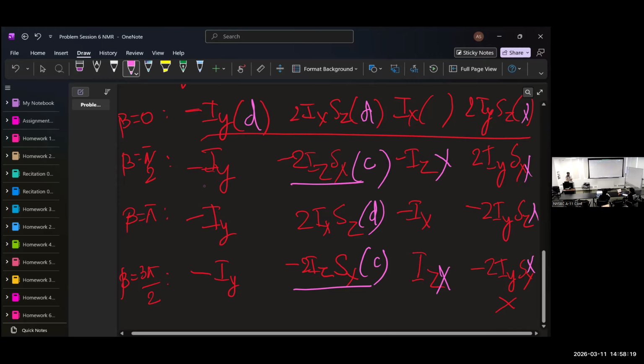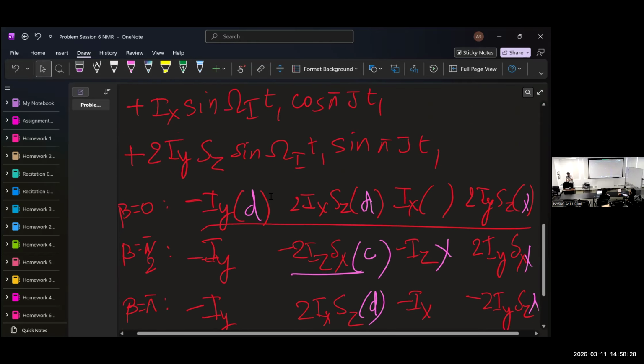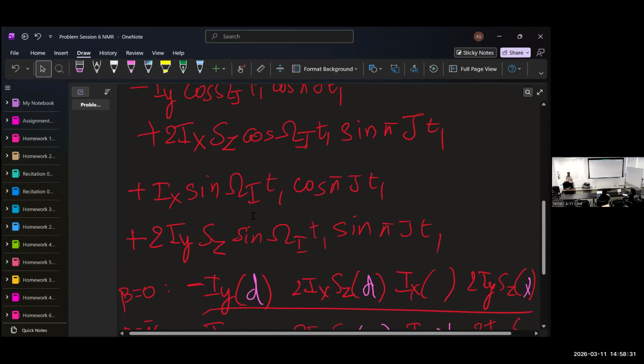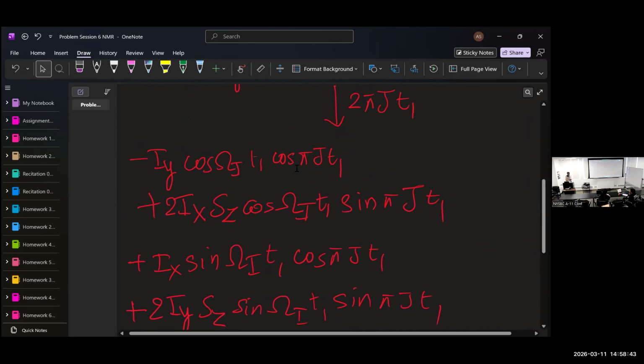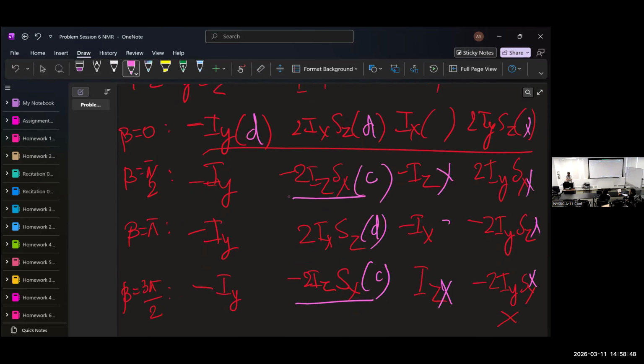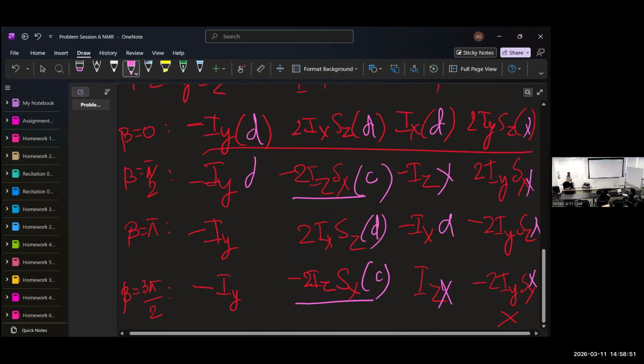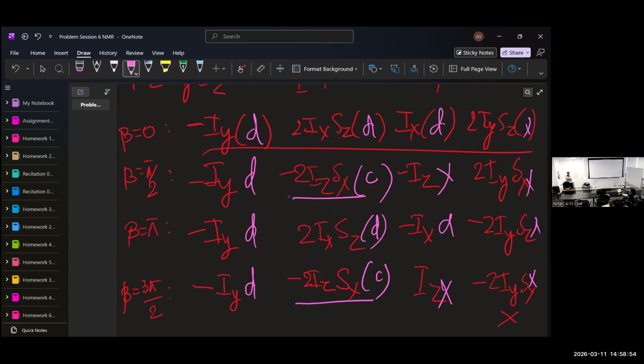If we look at the IX term, what was it during T1 if you scroll back up here? The IX term is a diagonal term. And then the IY term is also a diagonal. Now we're trying to find the diagonal peak and the cross peak with the same line shape.